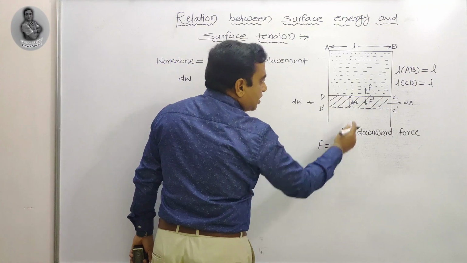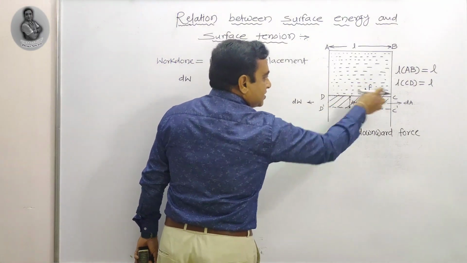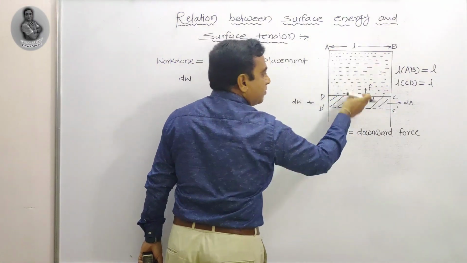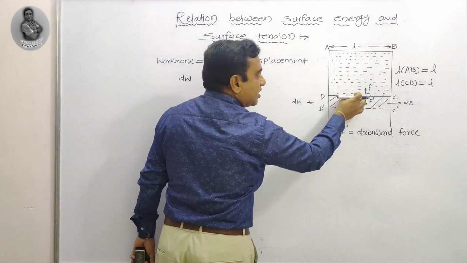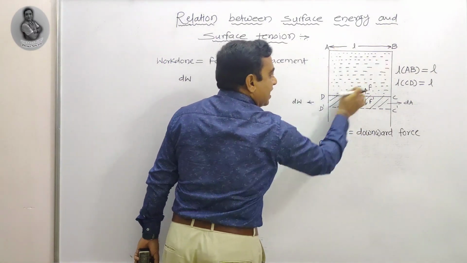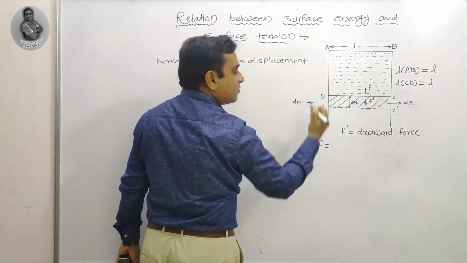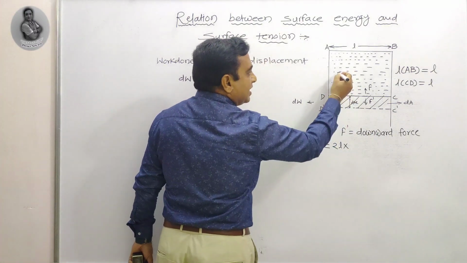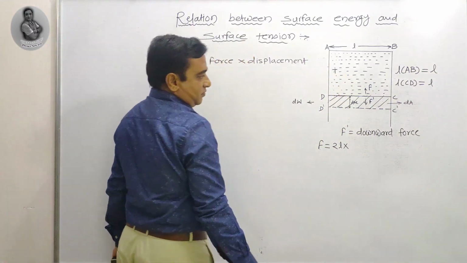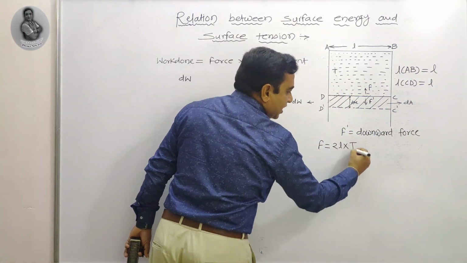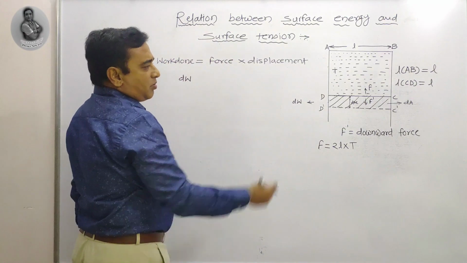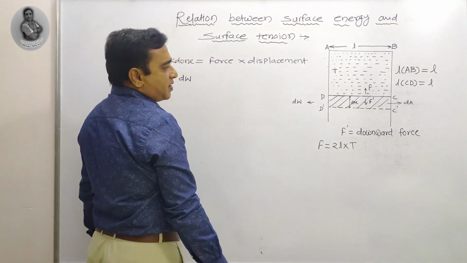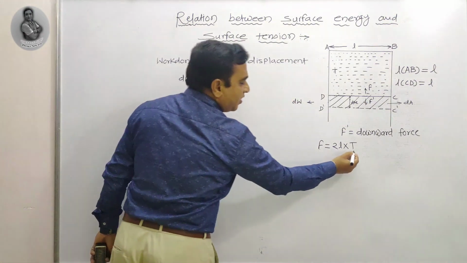F is applied on this length CD and AB, because I am stretching that. Similarly, the force is applied on this side as well as this side. The stretching force, we say, is twice the length into T, where T is the surface tension of this membrane of liquid. What I mean by that is this membrane has been created having a surface tension of T.